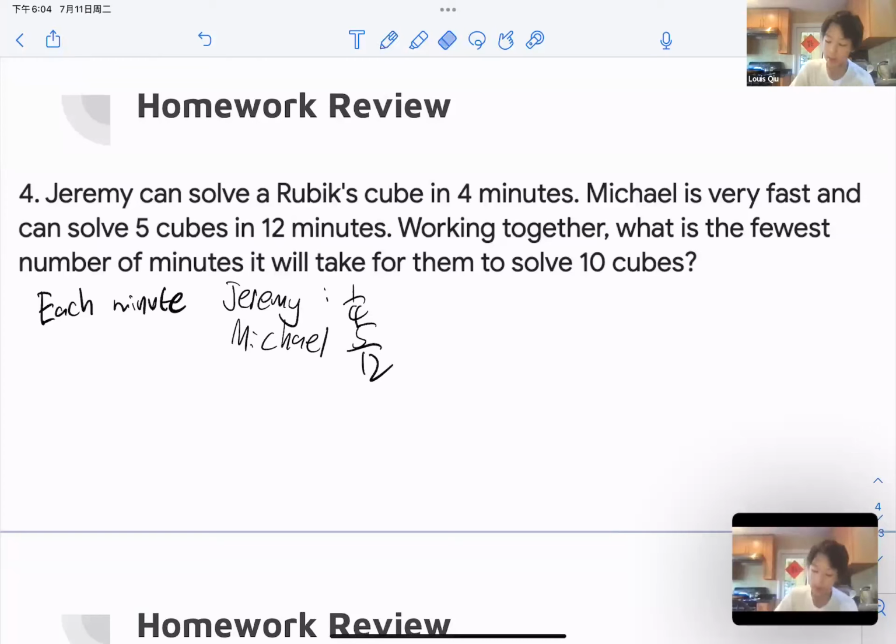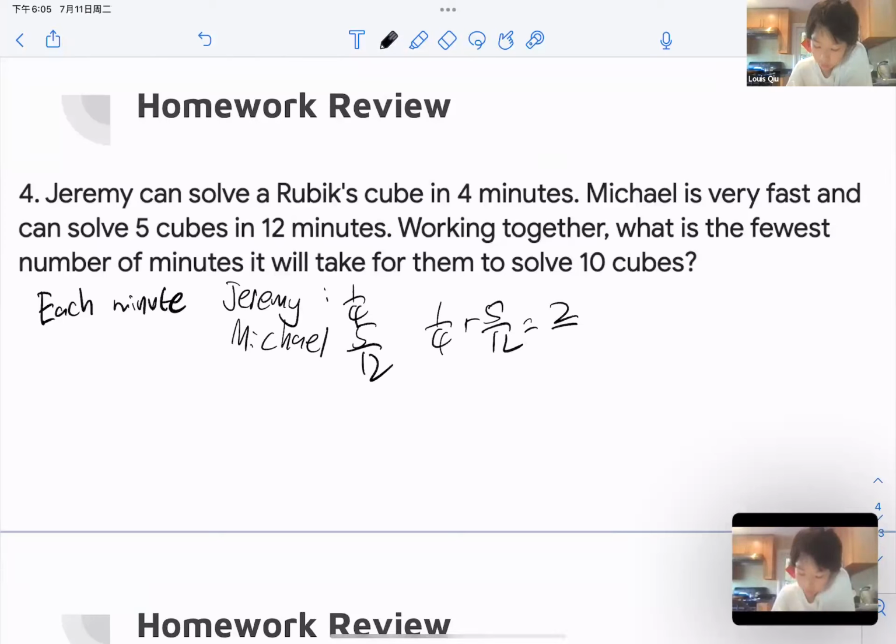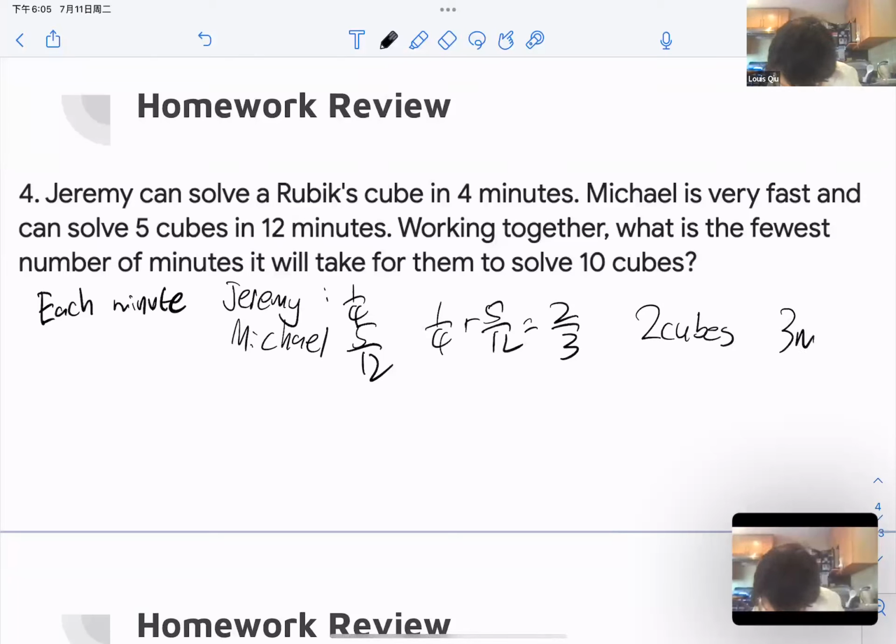Adding them together will give us the rate for when they're working together. So 1/4 plus 5/12 equals 2 over 3. So they can solve 2 cubes in 3 minutes together.